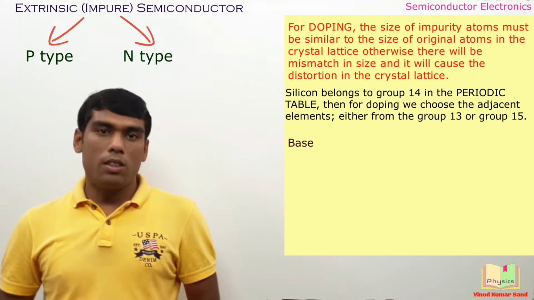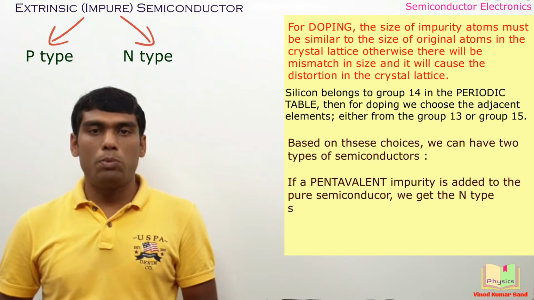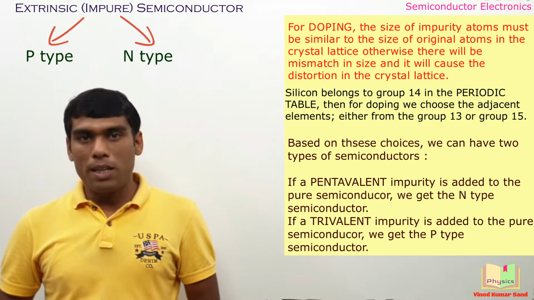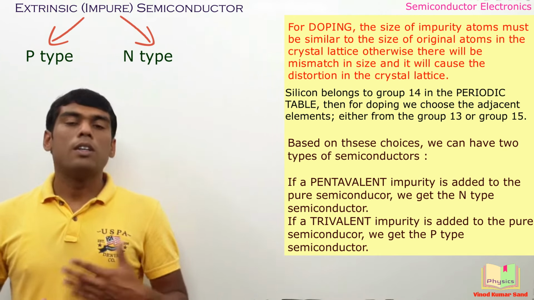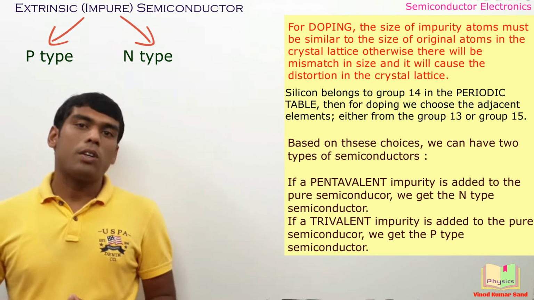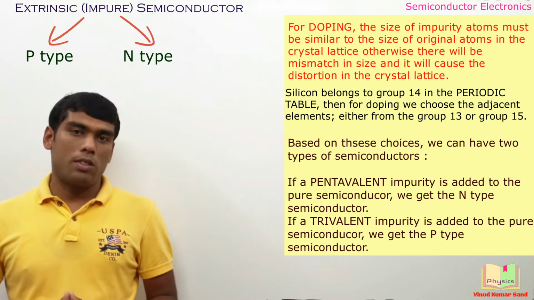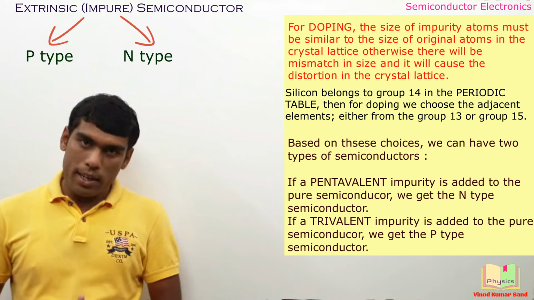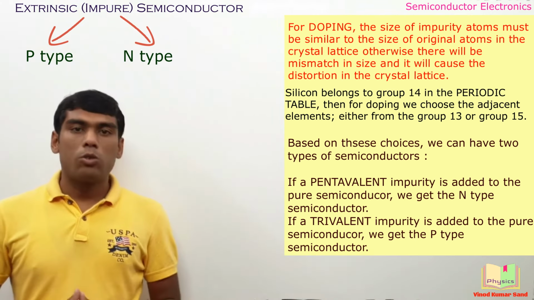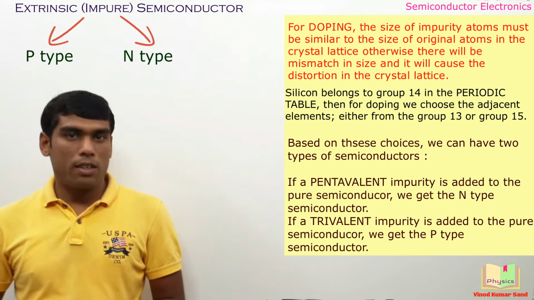Based on these choices, we can have two different types of doped semiconductors, the N-type semiconductor as well as the P-type semiconductor. How are the N-type and P-type semiconductors formed? If a pentavalent impurity is added to the pure semiconductor, we get the N-type semiconductor, and if a trivalent impurity is added to the pure semiconductor, we get the P-type semiconductor.